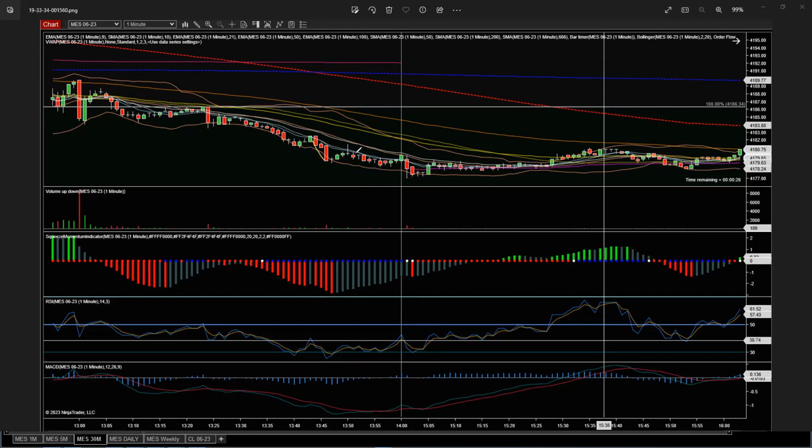You see it coming down. Sometimes it'll go sideways and RSI is going up. Like it did right here. See how it's sideways? Trend is going up. But usually what I like to see is moving averages stacked up, right?